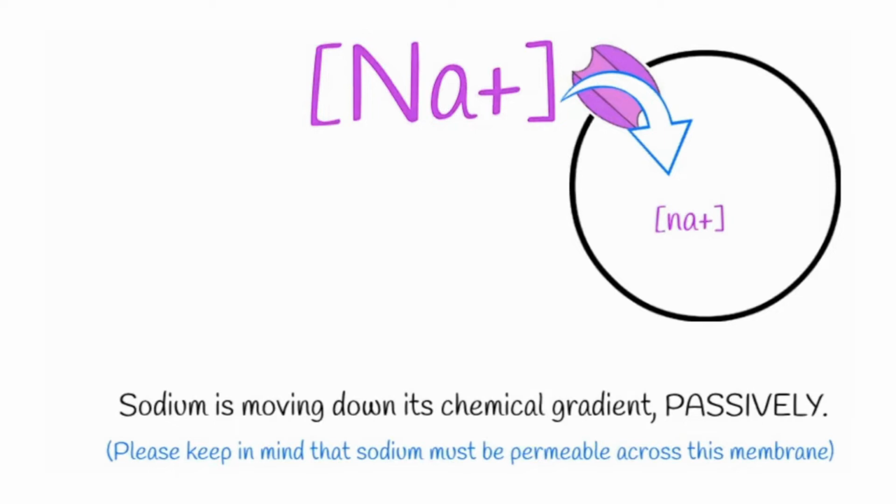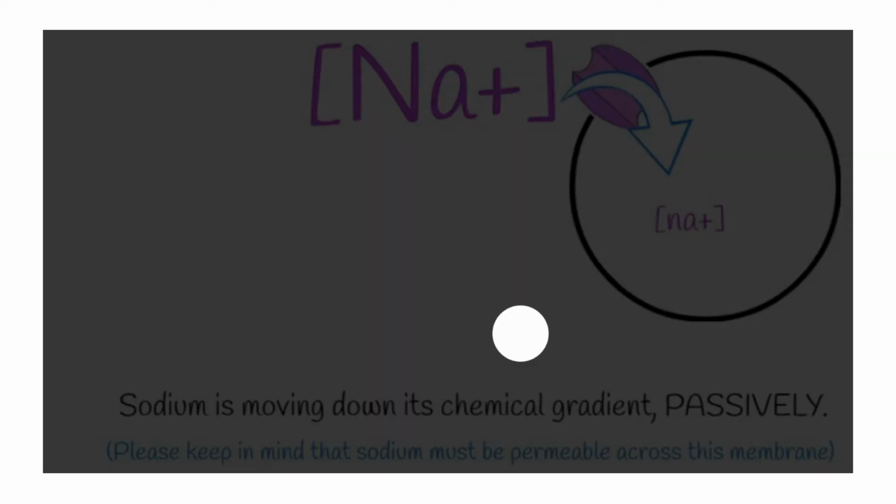And this area of lower concentration is in the cell. Sodium would prefer, or be incentivized, to move into the cell because there's a smaller concentration of sodium in the cell. One caveat to this is that sodium requires a channel, and that's what this purple thing is right here.